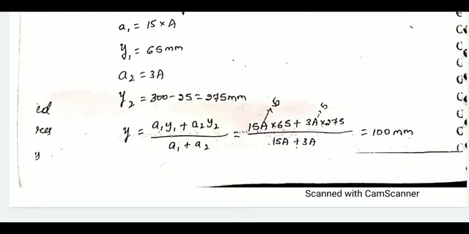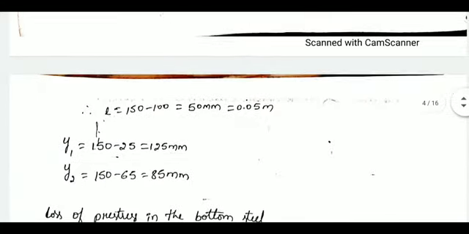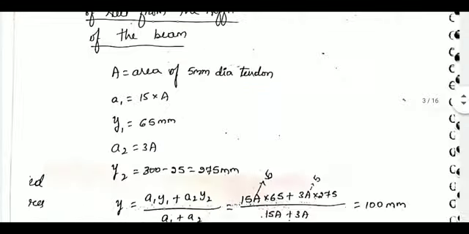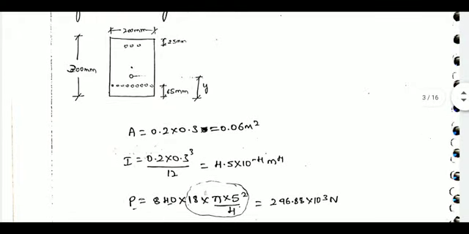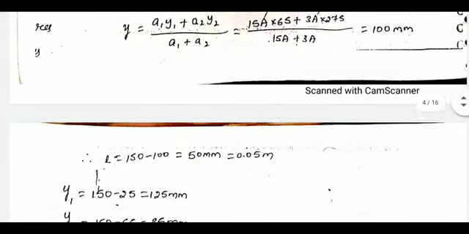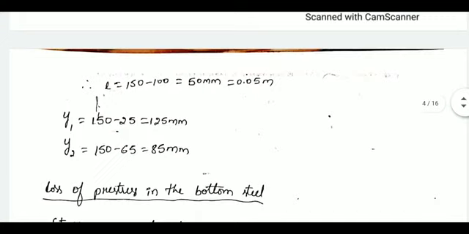Y is 100 mm. This Y is not in the formula. This is the centroidal distance of the 15 plus 3, 18 cables from the bottom of the beam. So the total depth of the beam is 300 mm and the centroid will be at 150. So 150 minus 100, we will get 50 mm as the eccentricity.